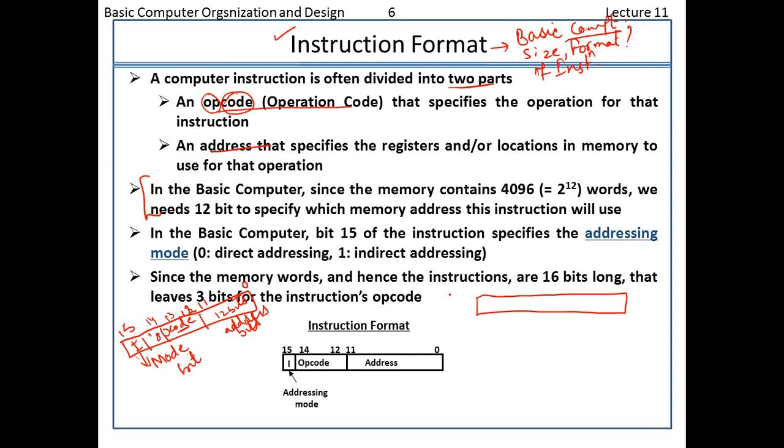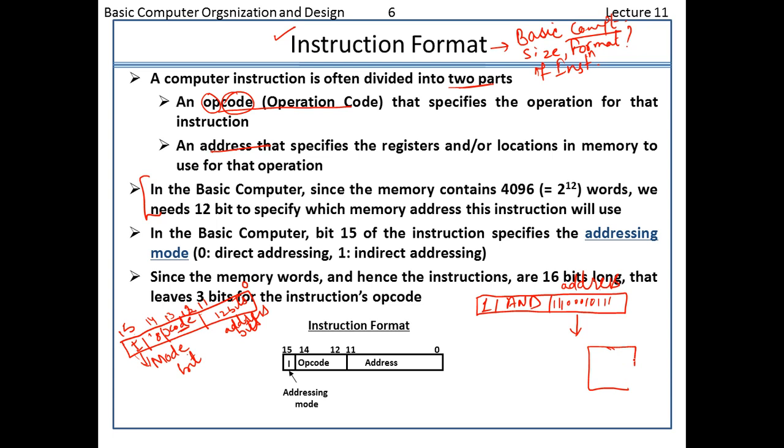So based upon those words, how will the instruction arise? Always it will come like this, let's suppose, one, and these will be the 12 bits. It simply means that this is the address line.